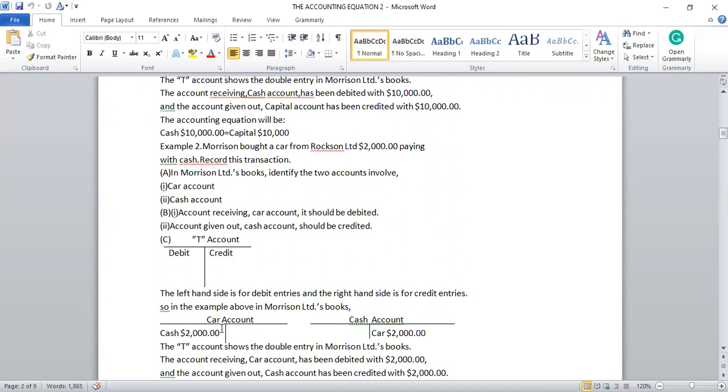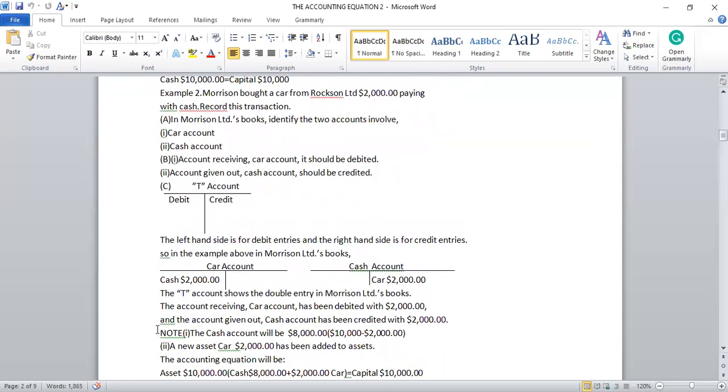The cash means that the corresponding entry can be found in the cash account. So we come to the cash account. We have credited $2,000, car $2,000, implying that the corresponding entry can be found in the car account.